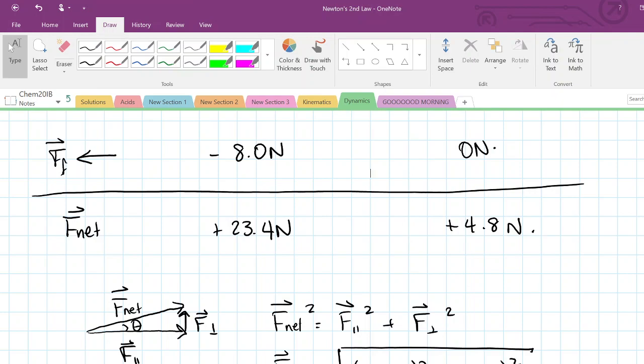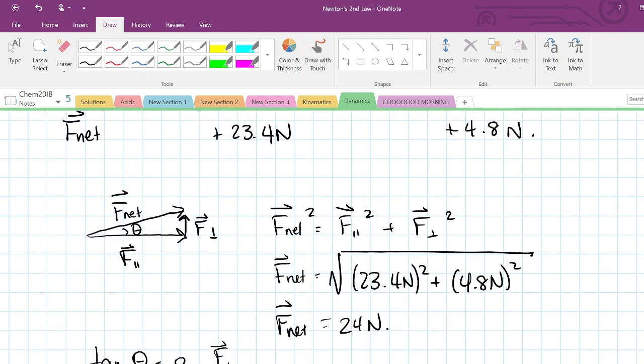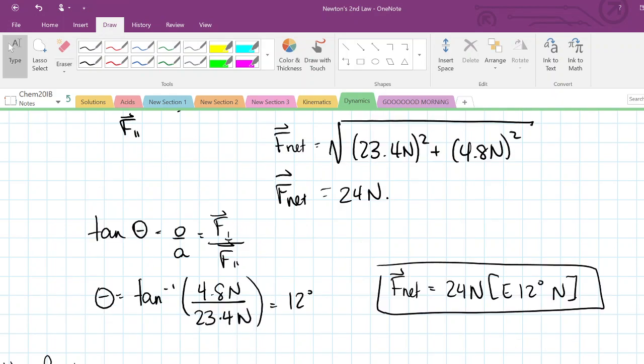So F net squared is equal to F parallel squared plus F perpendicular squared. I'll sub in my numbers, solve for F net, and I get 24 newtons is the magnitude of this net force. Last thing I have to do is solve for the angle.